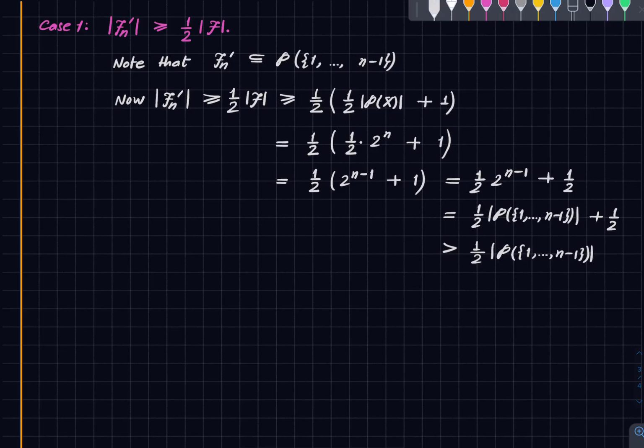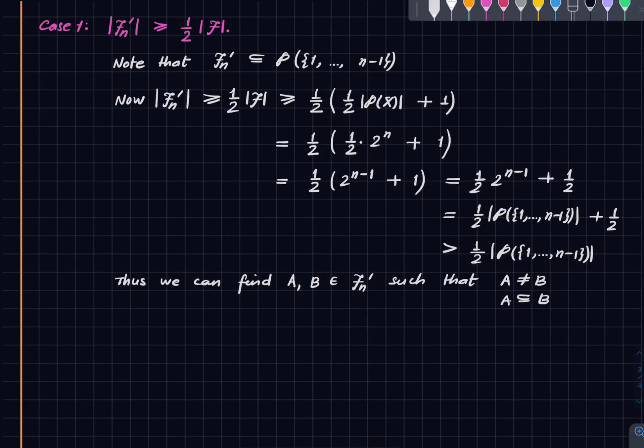So therefore, by the minimality of n, we can find two distinct members A and B in Fn prime such that one is contained in the other.